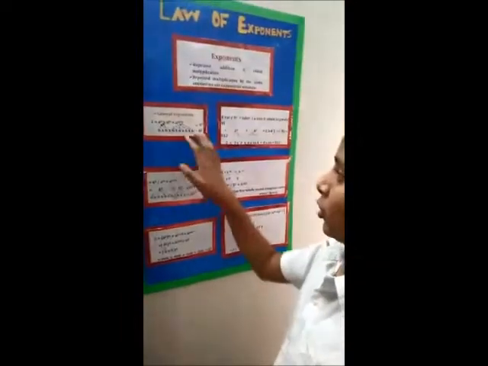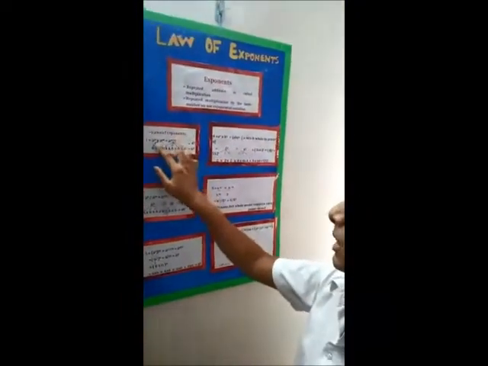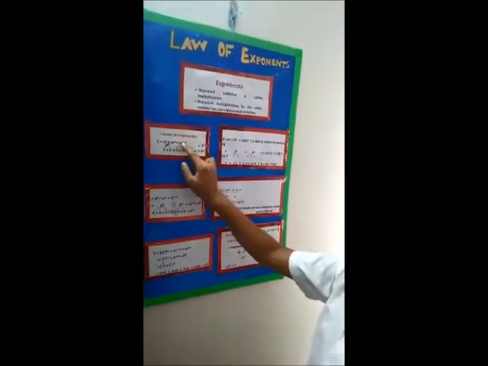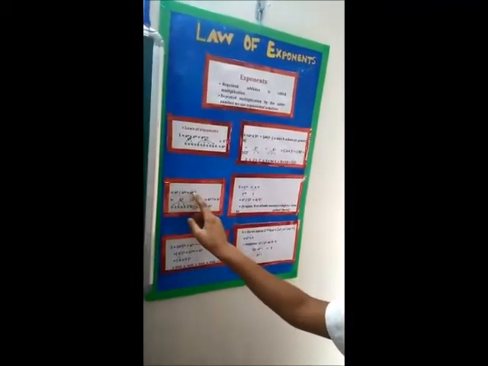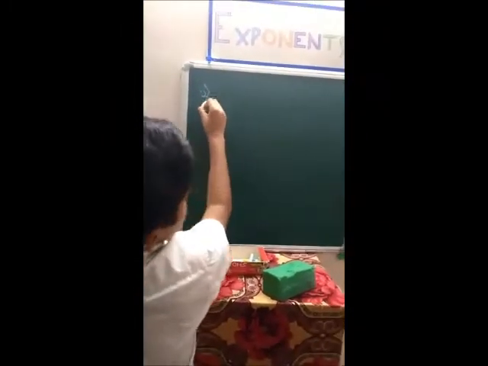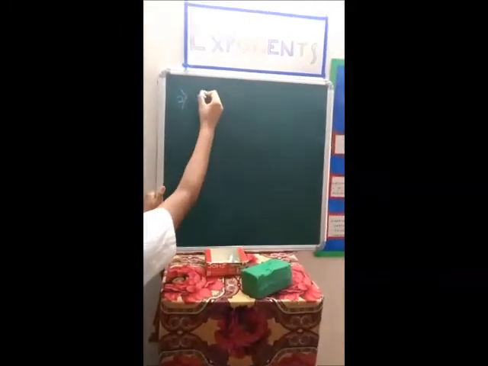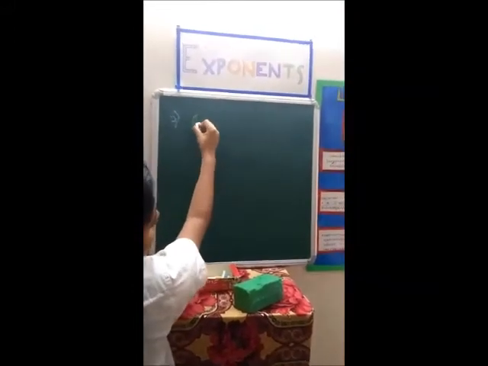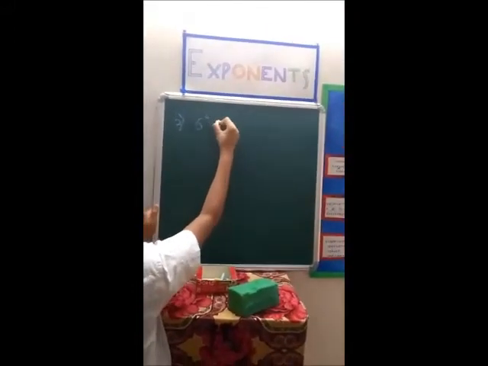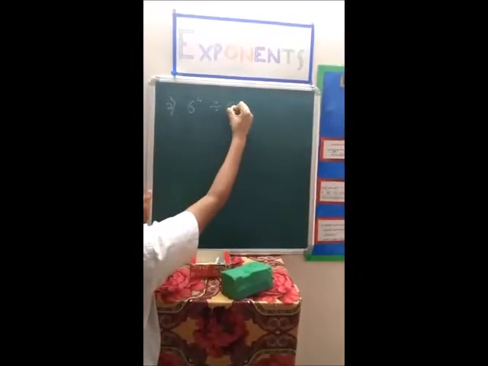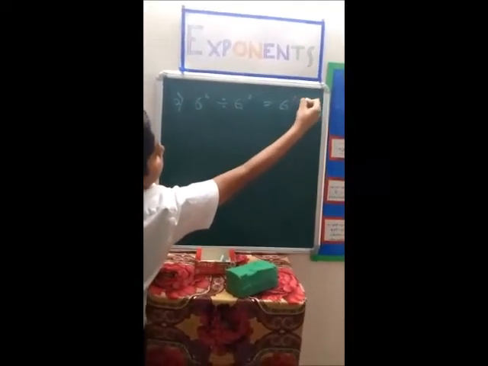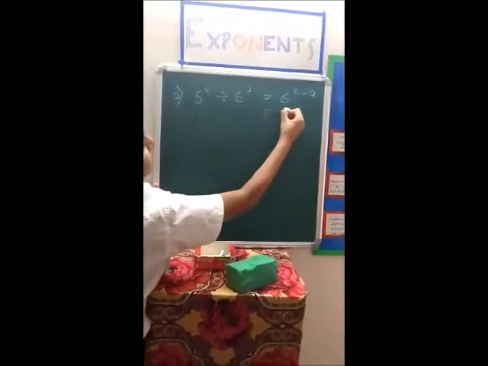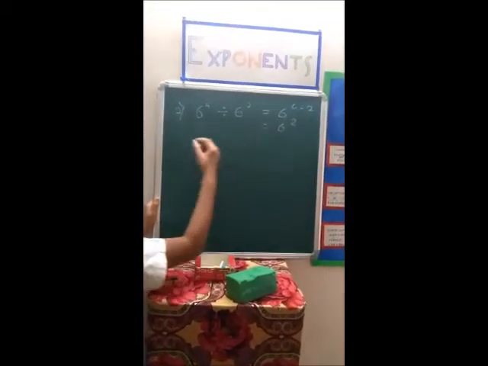As Ananya has told you the first law, the numbers are multiplying with each other and are getting added. So in the second law, the numbers will get divided with each other and will get subtracted. For example, 6 power 4 divided by 6 power 2 equals 6 power 4 minus 2, which is equal to 6 power 2.